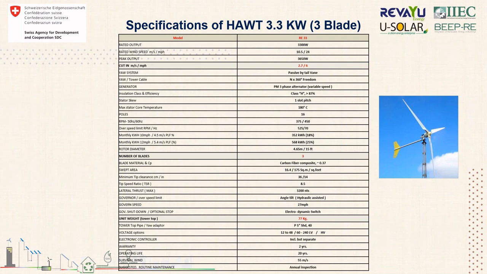As you can see, the cut-in wind speed for this blade is 2.7 meter per second, and the monthly generation we have mentioned here at 4.5 meter and 5.4 meter per second is 352 units and 568 units monthly at this monthly average wind speed, by a single turbine.